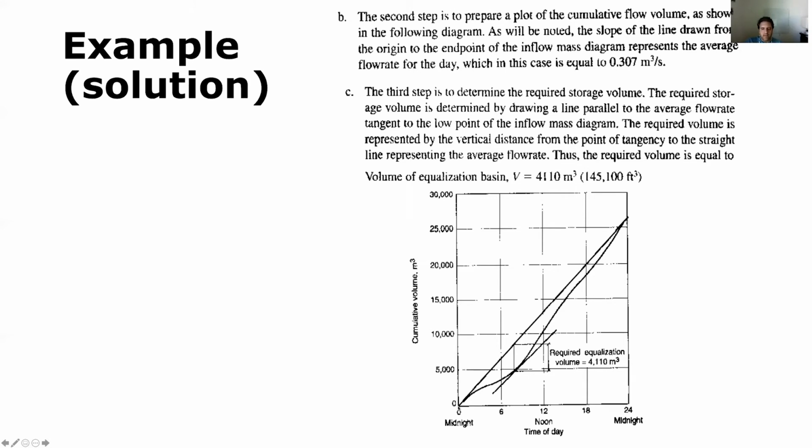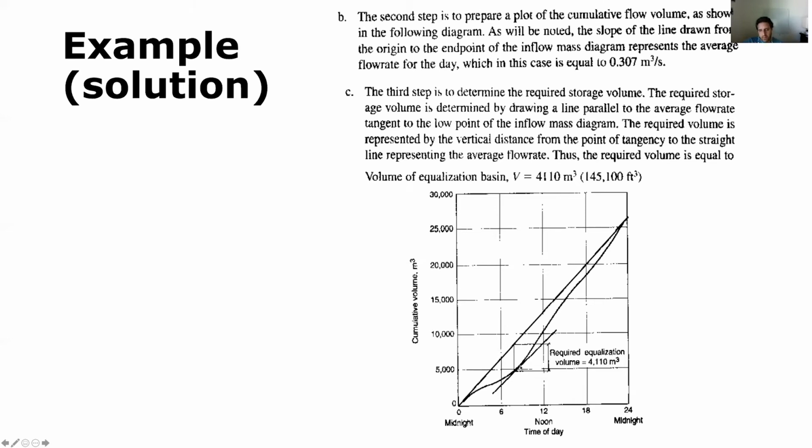We connect the midnight 00 point to the midnight point here at 24 hours and approximately 26,000 cubic meters of cumulative volume. We draw a straight line between here and there. That's the average flow rate throughout the day.